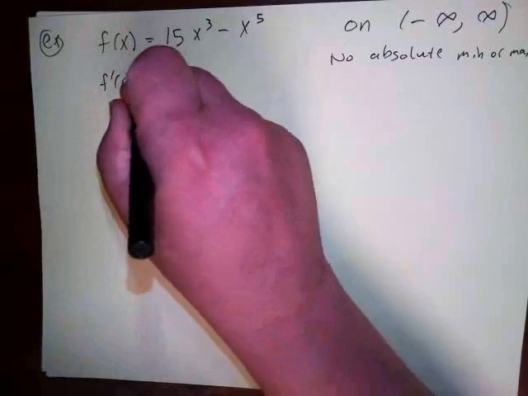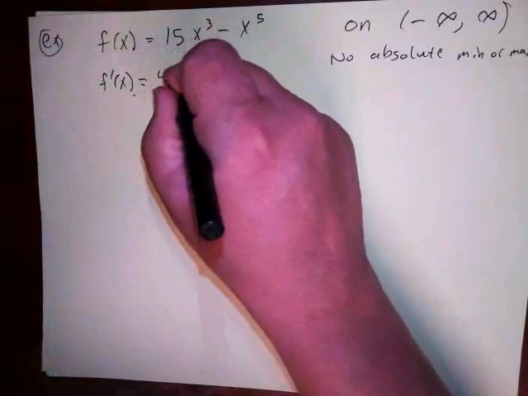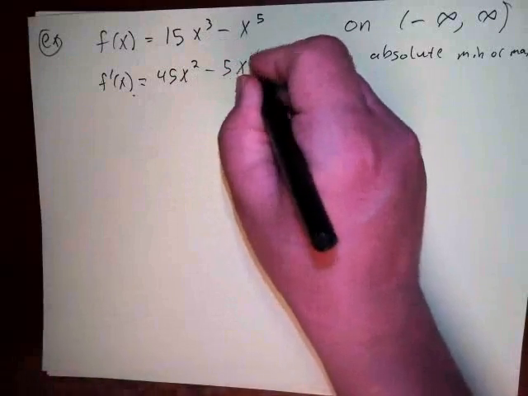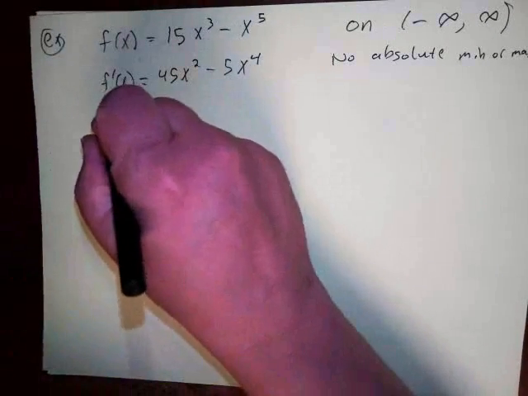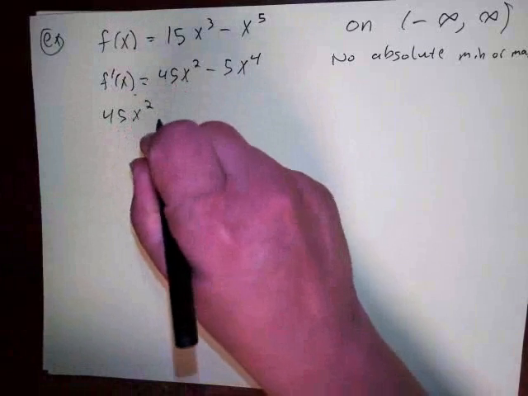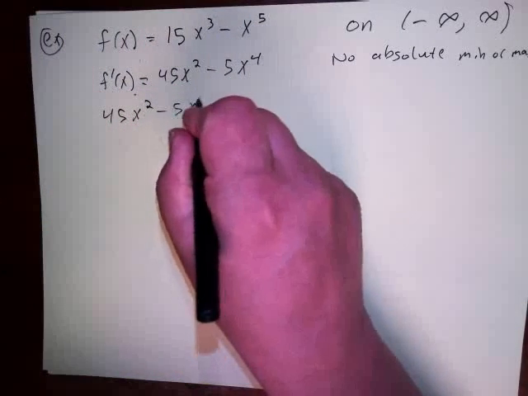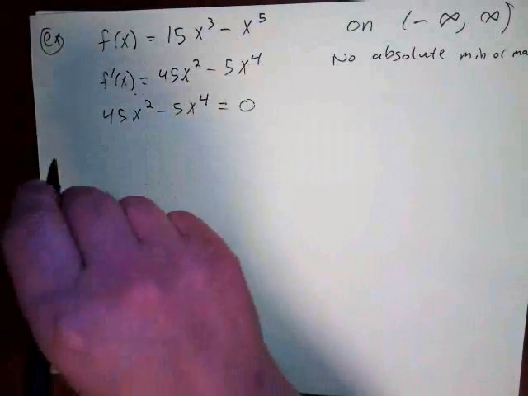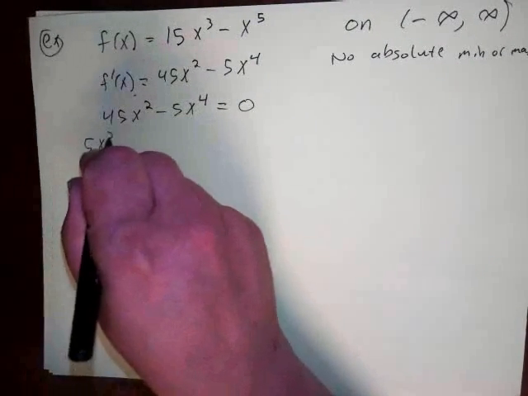So the derivative here, bring the 3 down, we get 45x squared minus 5x to the 4th. Set the derivative equal to 0. And now we can factor out a 5x squared.